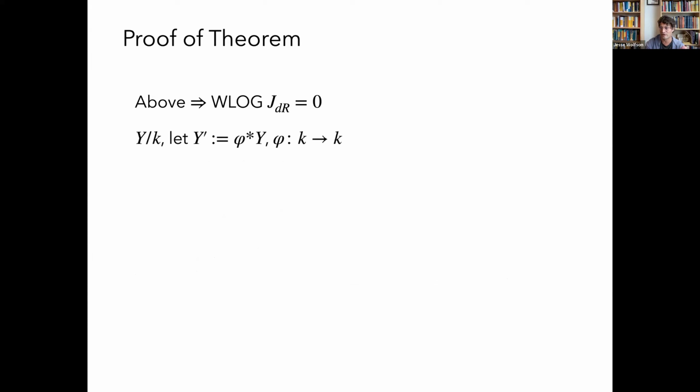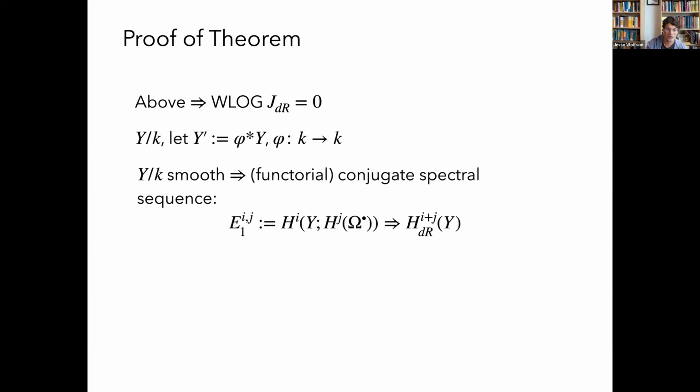If I have a scheme over some positive characteristic field K, then I can form the Frobenius twist of that scheme. I pull it back along Frobenius. Same underlying space, but different ring of functions, different scheme structure.